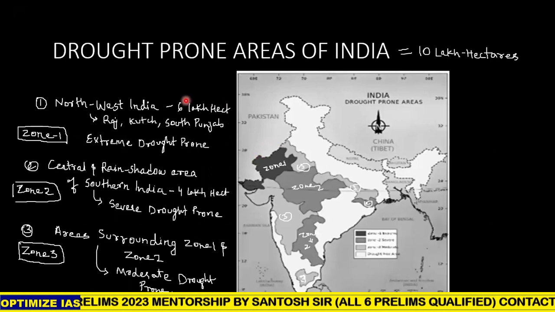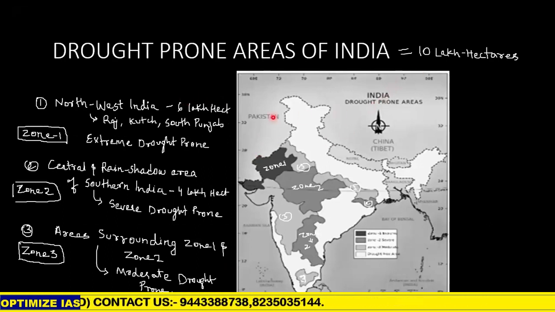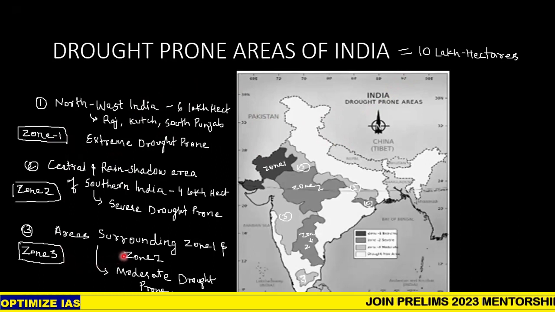So what are the drought prone areas in India? In general, around 10 lakh hectares of India has been affected by drought, from severe to moderate level. So we are dividing into different zones: zone 1, zone 2, and zone 3.